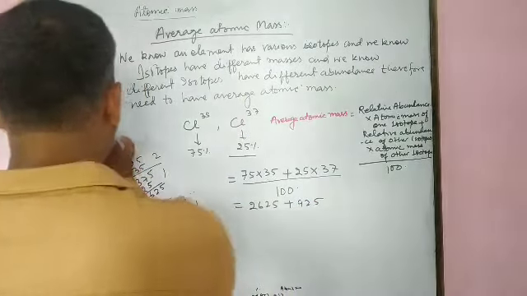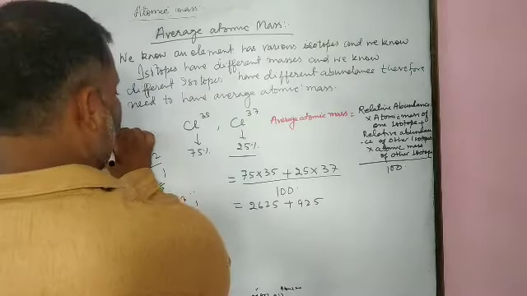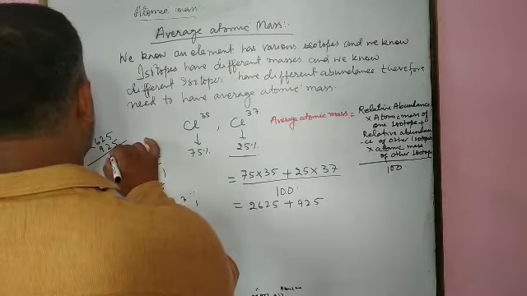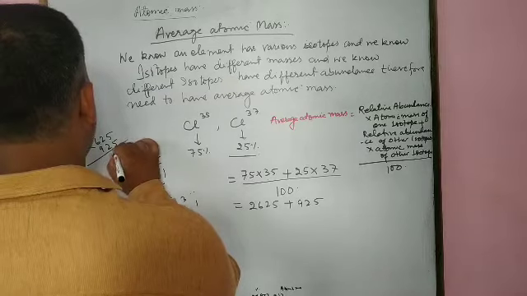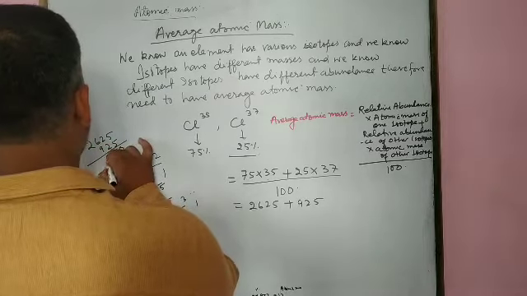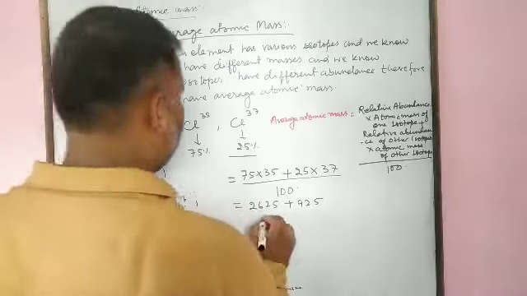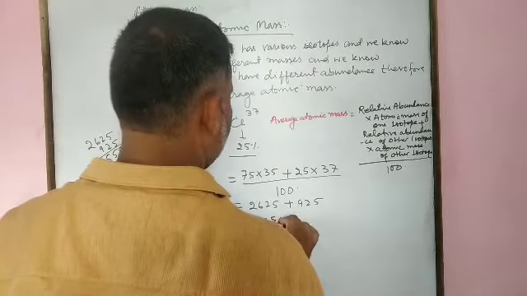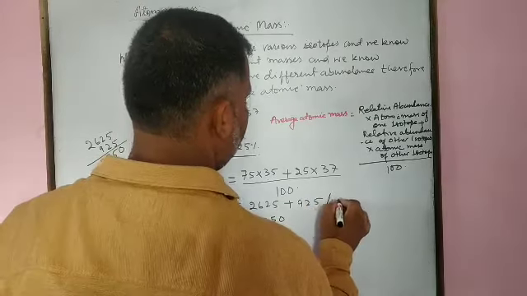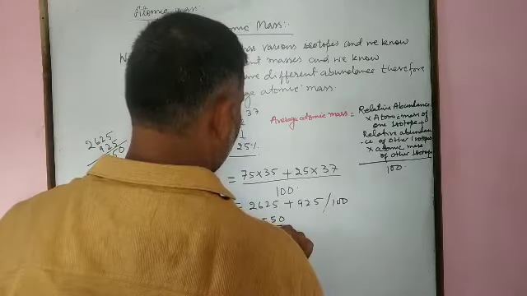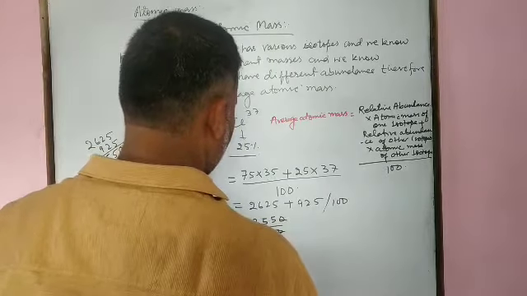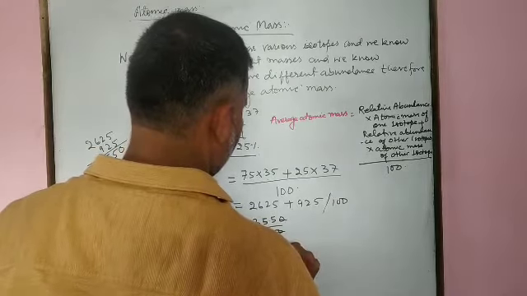When we add up 2625 and 925, that is equal to 3550. This is going to be divided by 100, divided by 100 is equal to 35.5.